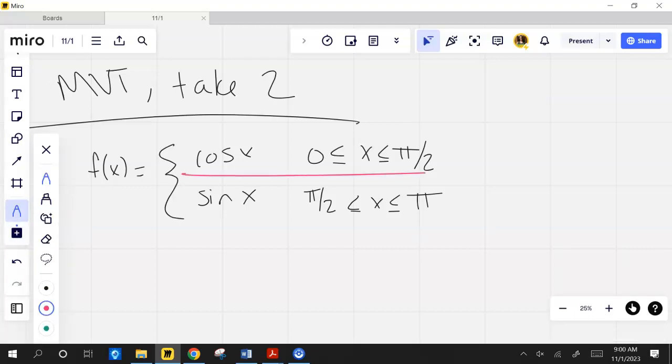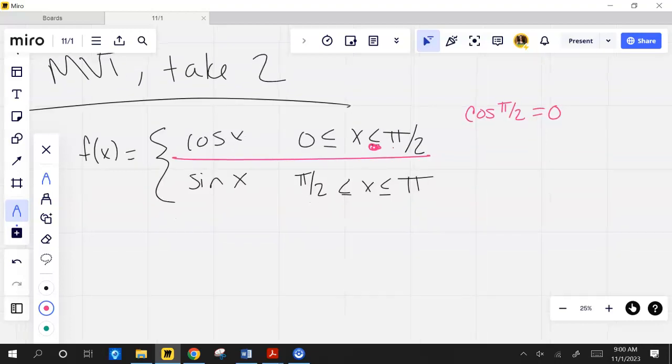One of these does not have a line under it. This one does not. So here there would be an open dot at cosine pi over 2, right? What's the cosine of pi over 2? I'm at the top of the circle. 0, right? So this one's got the point.